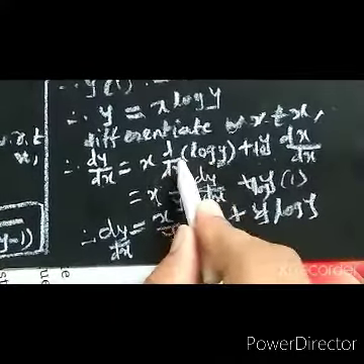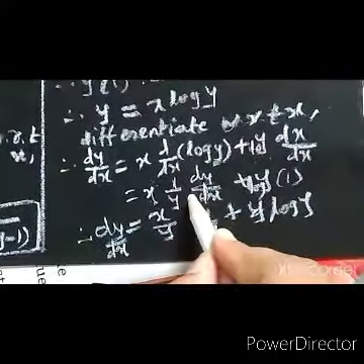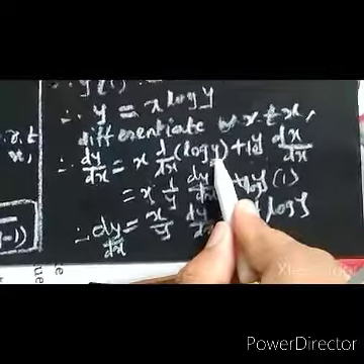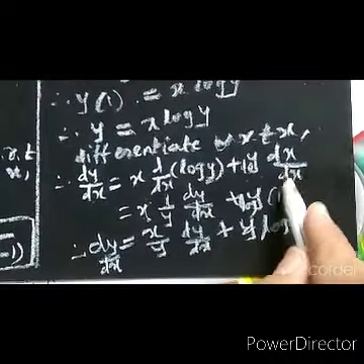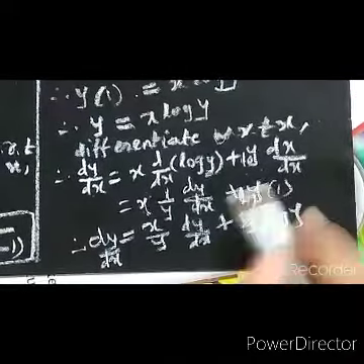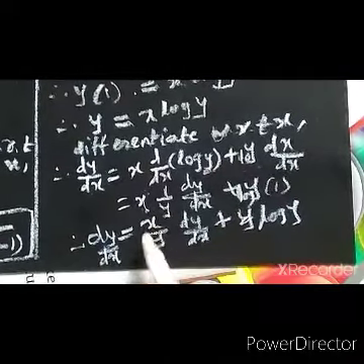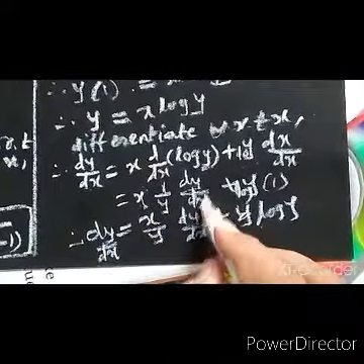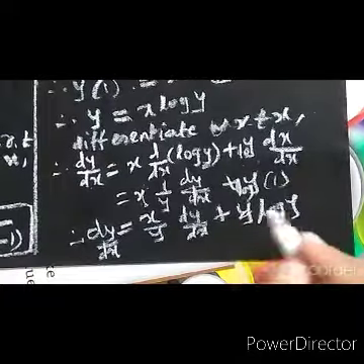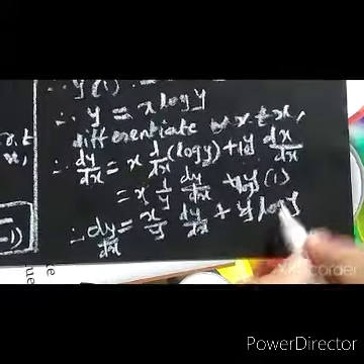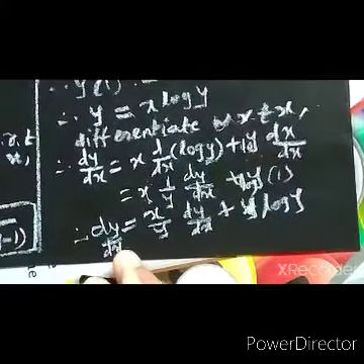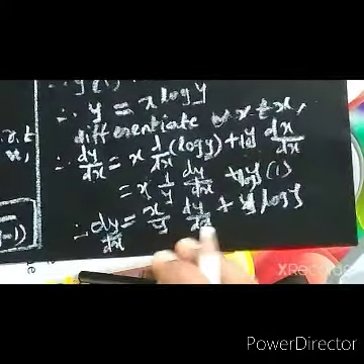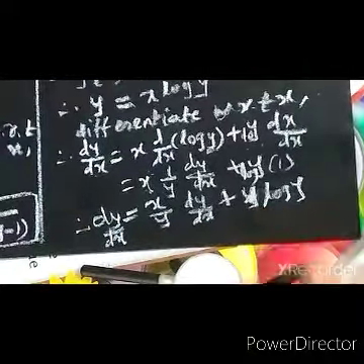So x into d by dx of log y means 1 upon y, and again we have to take the derivative of y, that is dy by dx, plus log y as it is, into dx upon dx, that is 1. So x into 1, that is x upon y dy by dx, plus here log y into 1, that is log y. So here we got dy by dx is equal to x upon y dy by dx plus log y.